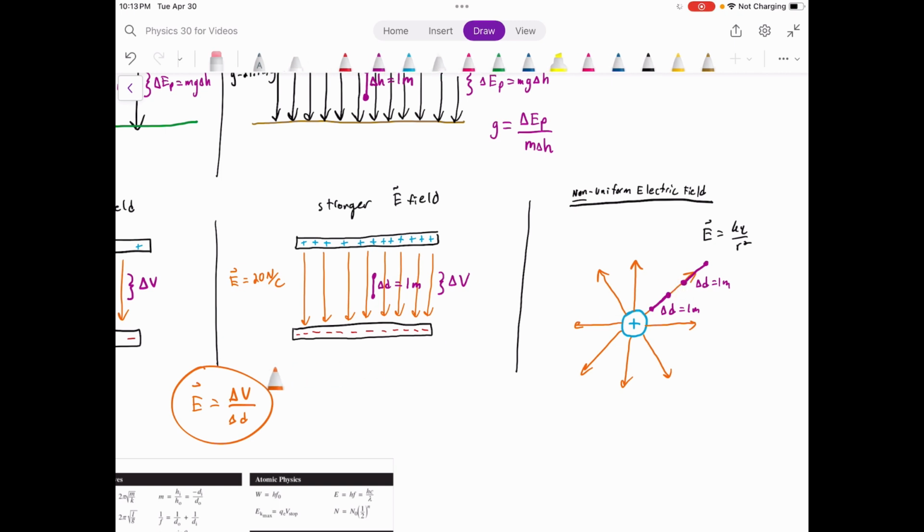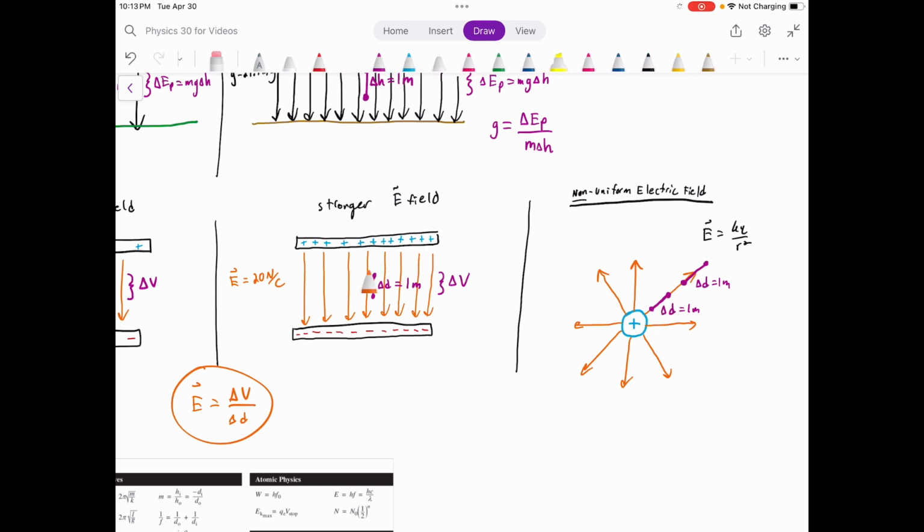If we're saying the electric field could be defined as the potential difference between two positions and how far apart those two positions are, well, that kind of breaks down if this change in distance of 1 meter would give us a completely different voltage than this change of 1 meter, because the electric potential energy out here is a lot lower than the electric potential energy in here, right?